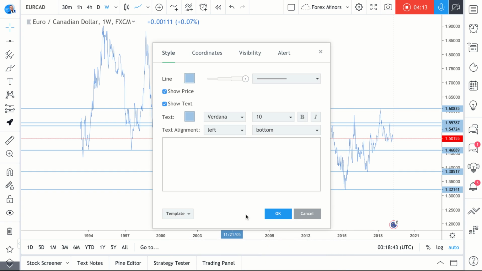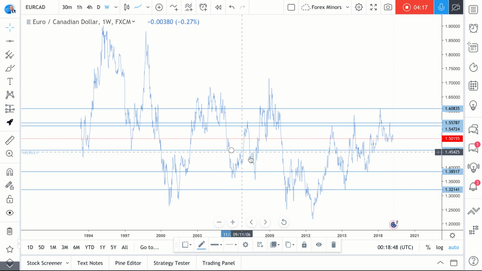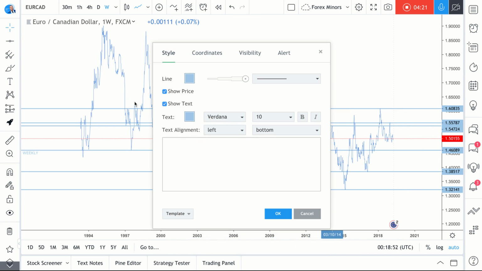Yeah, this one's really good. What I'm going to do is switch this to make sure that it says weekly so that if I come across that in the market, I know it's nothing to play with.